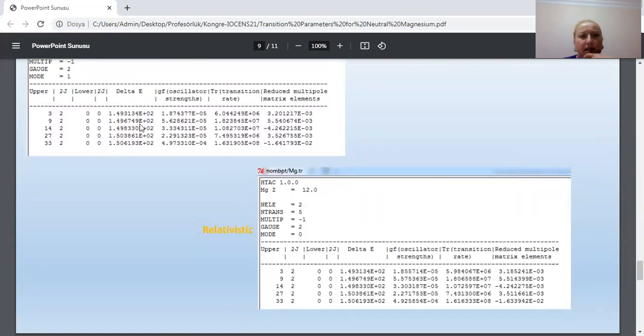You can see that delta E shows the difference between the lower state and the upper state. These are the same quantities for the relativistic and non-relativistic, but the other parameters depend on the transition probability, and the transition probability is related to the lifetimes.